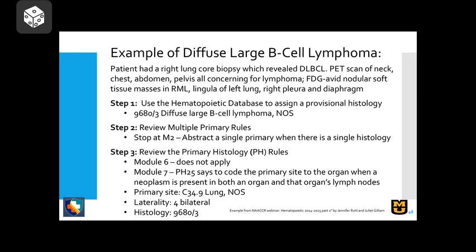Module 7, PH25 rule, says to code the primary site to the organ when a neoplasm is present in both an organ and that organ's lymph nodes. So the primary site will be C34.9, lung NOS. Laterality will be 4 for bilateral or both lungs, and histology will be 9680/3.